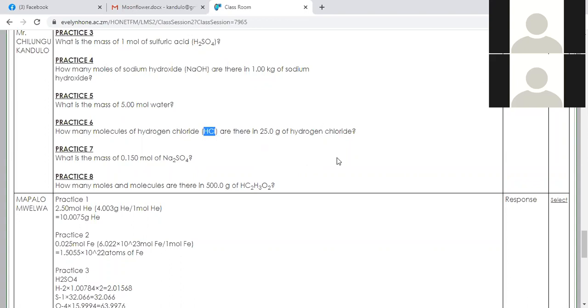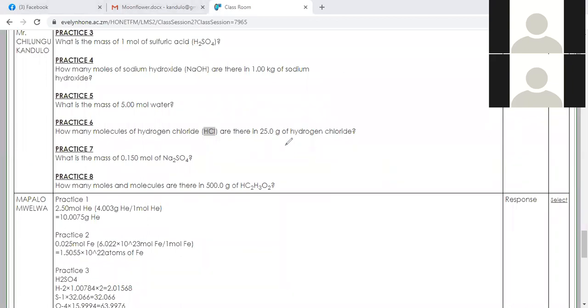Are you getting it? But then you put Avogadro's number. What number?